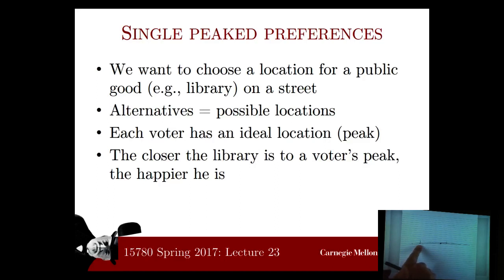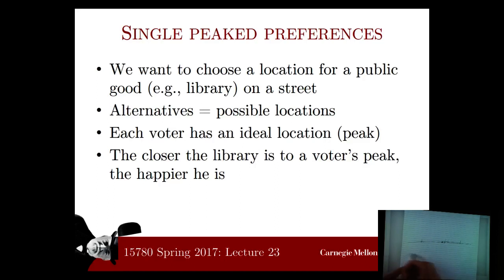So this lets us compare any pair of locations according to the preferences of the voter. But notice that it does have some structure. For example, it can't be the case that, if this is my peak, this location is preferred to this location, which is preferred to this location. Things lie on the same line.